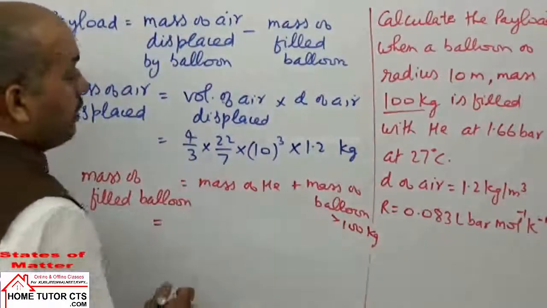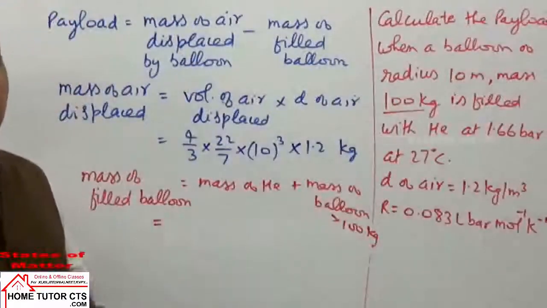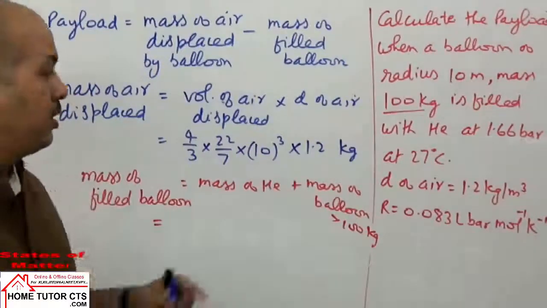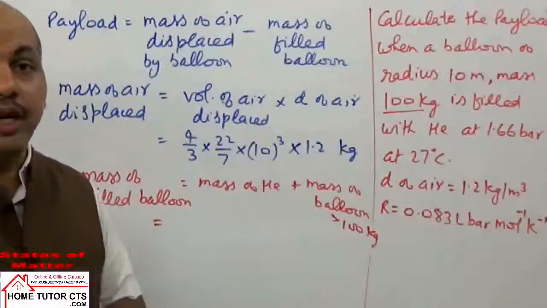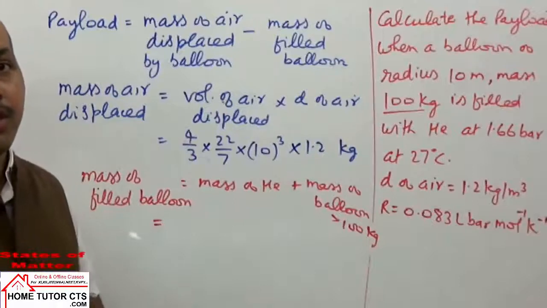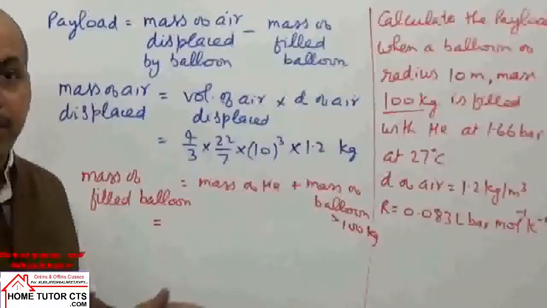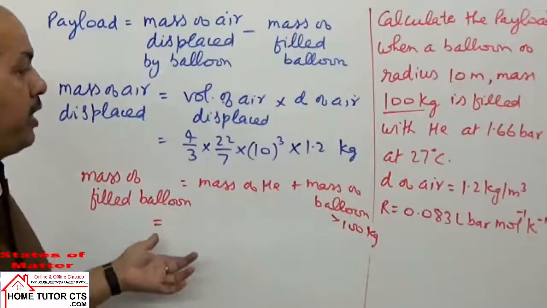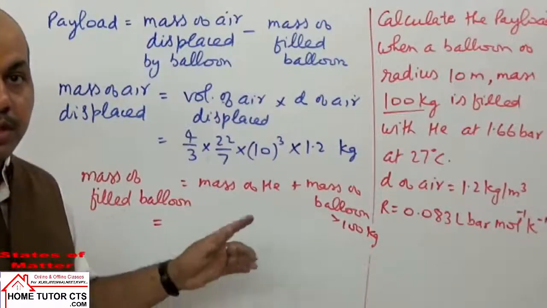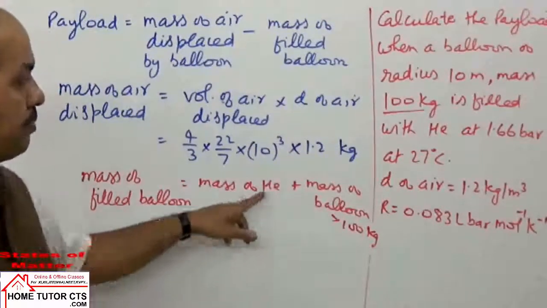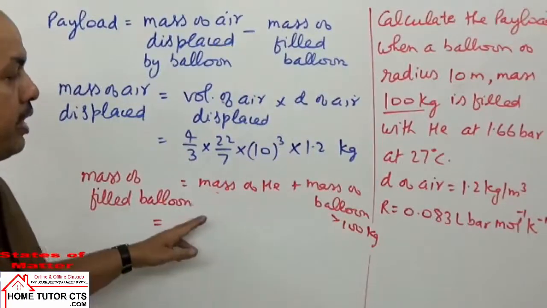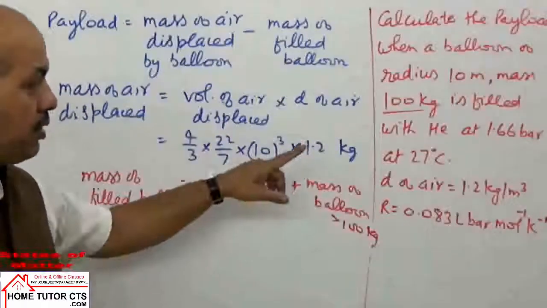What is the mass of helium? It can be taken from the volume of the balloon. From the volume of the balloon we can first find the number of moles.